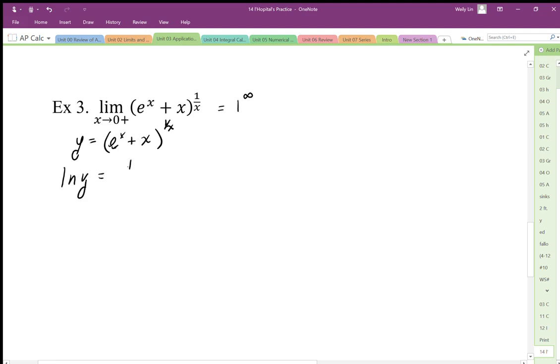So we end up with 1 over x, e to the x, plus x. This is going to be log e to the x plus x. Okay, so then we put this into the limit form.